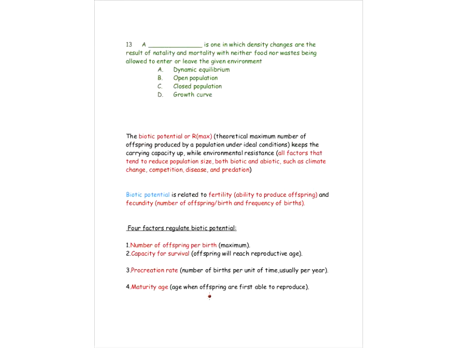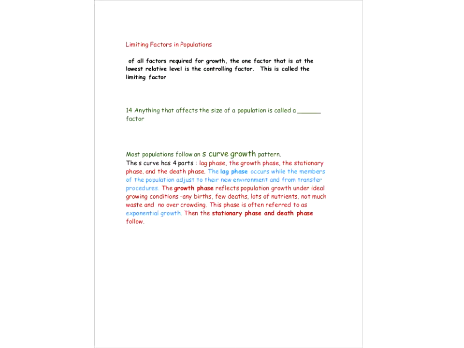And maturity age is the age at which offspring are first able to reproduce. So all those things have an impact on the biotic potential. In just a little bit we'll look at the two main types, K-selected and R-selected. First we'll just look at a few other concepts.